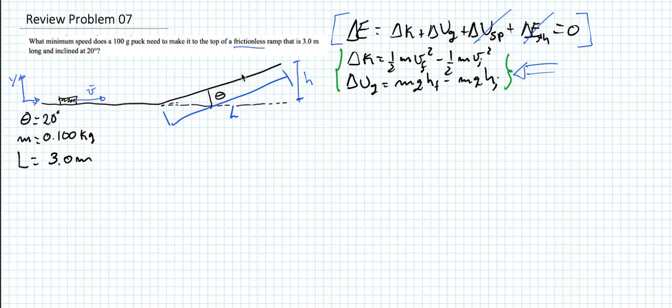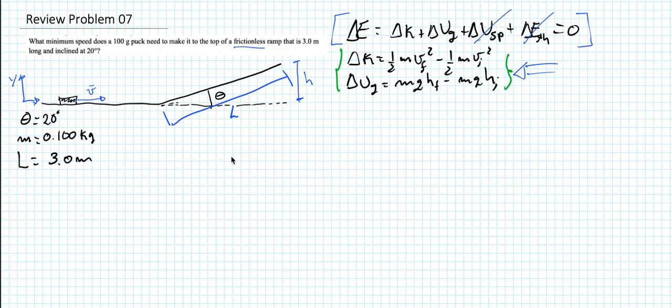So the question is, what is the speed that this puck needs to get up here? Well, we can treat this problem as conservation of energy. How can we do that? We can state that the total potential energy here will be equal to the necessary kinetic energy that the puck must have to get here.